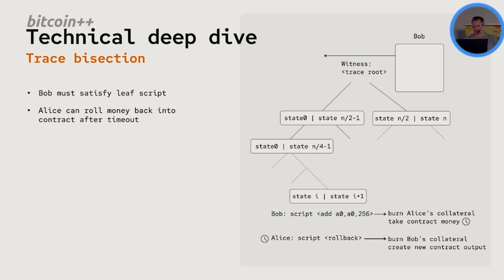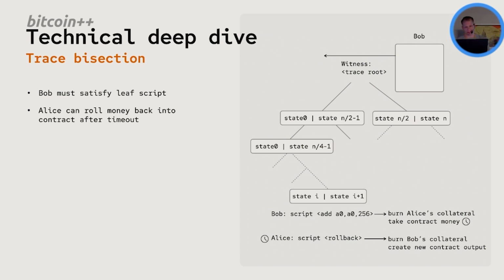So Bob is required to run this script, and if he's able to provide a witness to the script such that he can take the state from state I to state I+1, then he actually performed the computation correctly. And he can burn Alice's collateral, since she tried to challenge him even though he did it correctly.